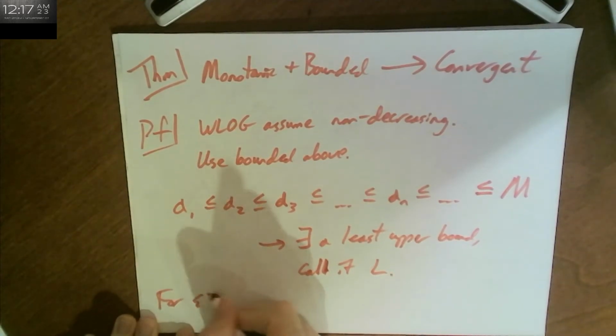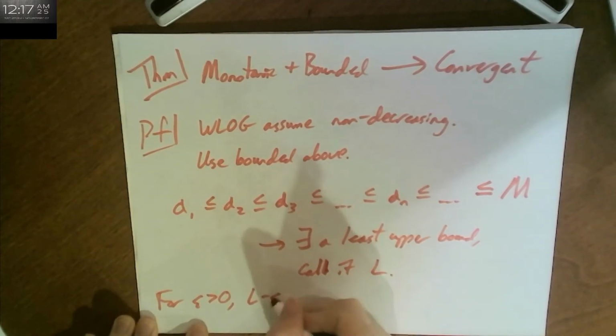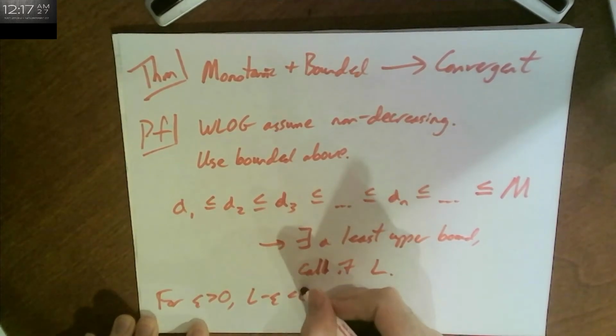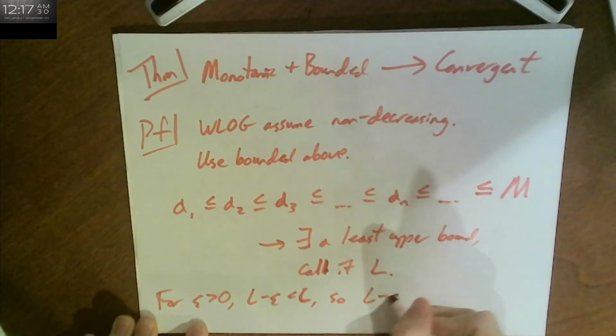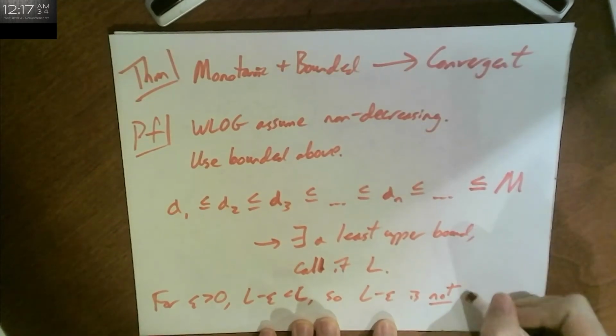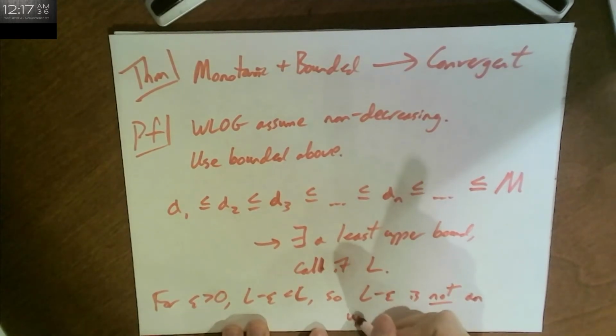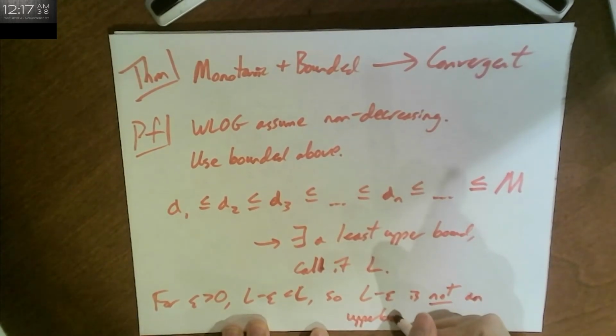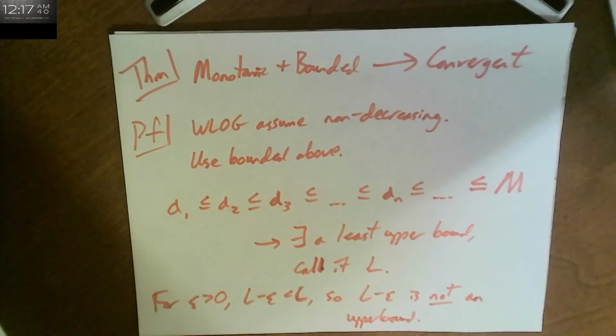For any epsilon greater than 0, L minus epsilon is less than L. So L minus epsilon is not an upper bound. What's it mean to be not an upper bound?